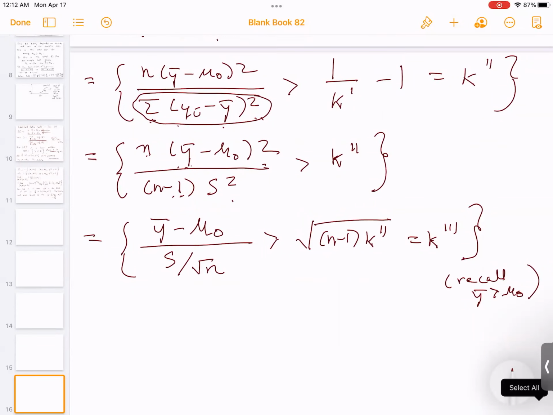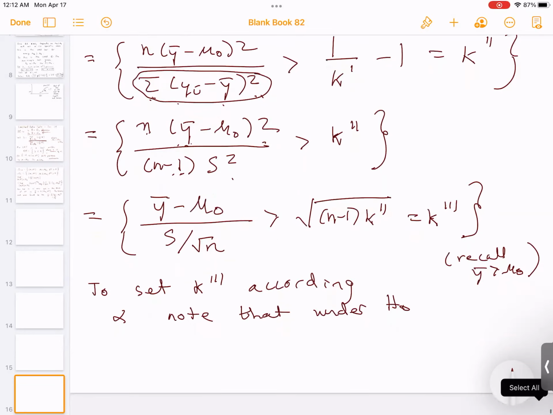Okay, now, y is normal, IID, and under H0. So to set k triple prime according to alpha, notice that under H0, this right-hand side, I need a little more paper.